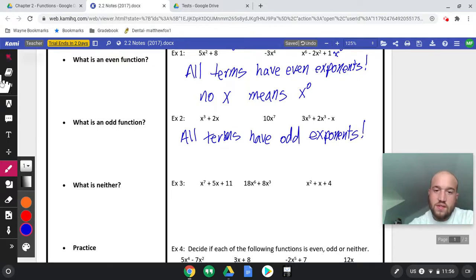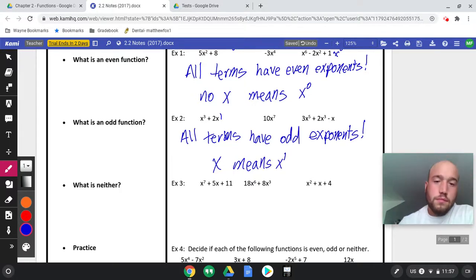Then we also just have this plus 2x. Remember, 2x, that's the same as x to the 1st, okay? So if it has x, it means the same thing as x to the 1. Okay, so this first one was odd because it was x to the third, 3, 2x, which is the same as x to the first.